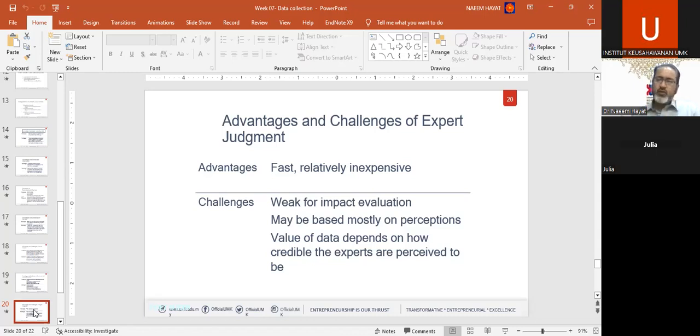There is one method that is becoming quite famous, called ISM, interpretive structural modeling, where mostly expert opinions are used. First of all, we collect some data from the literature, and from that literature we pinpoint some of the important factors that may be affecting adoption, non-adoption, or barriers to the adoption of any technology or any issue related to the technology.